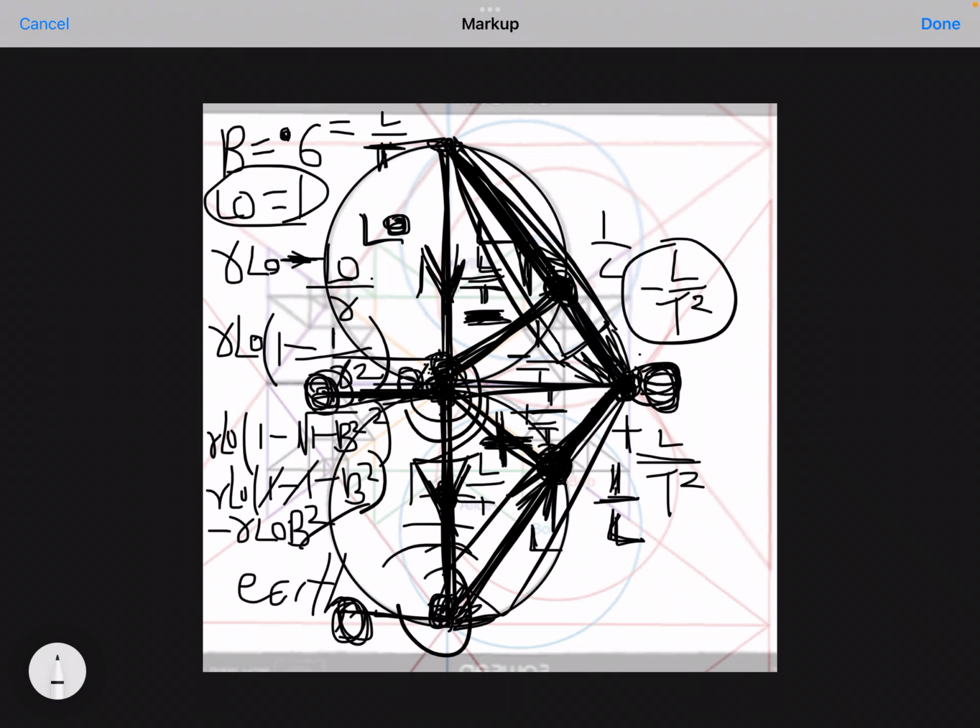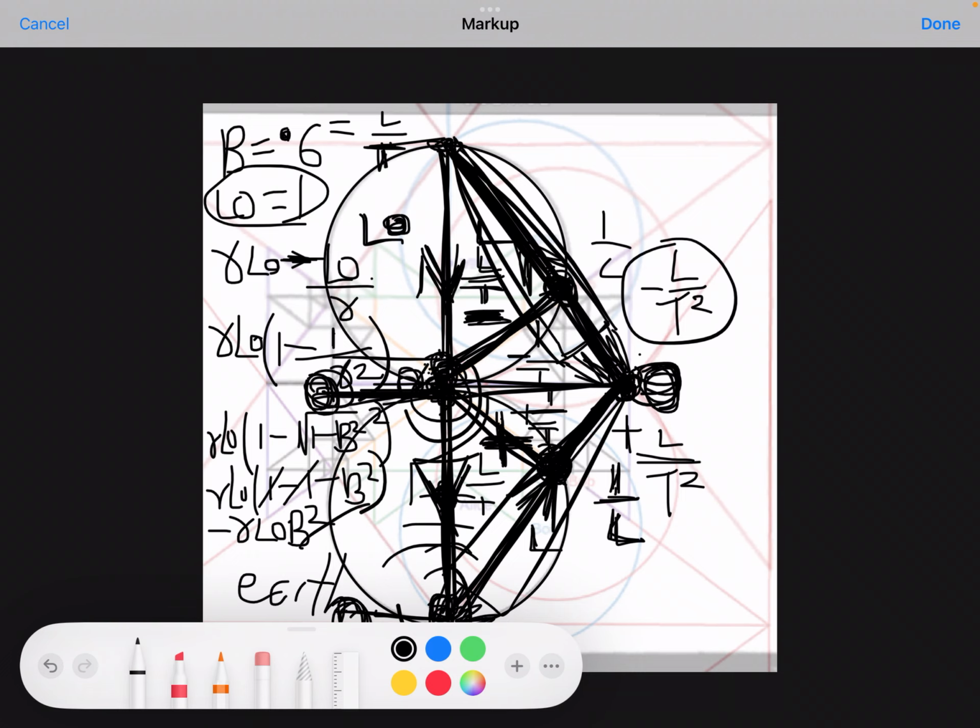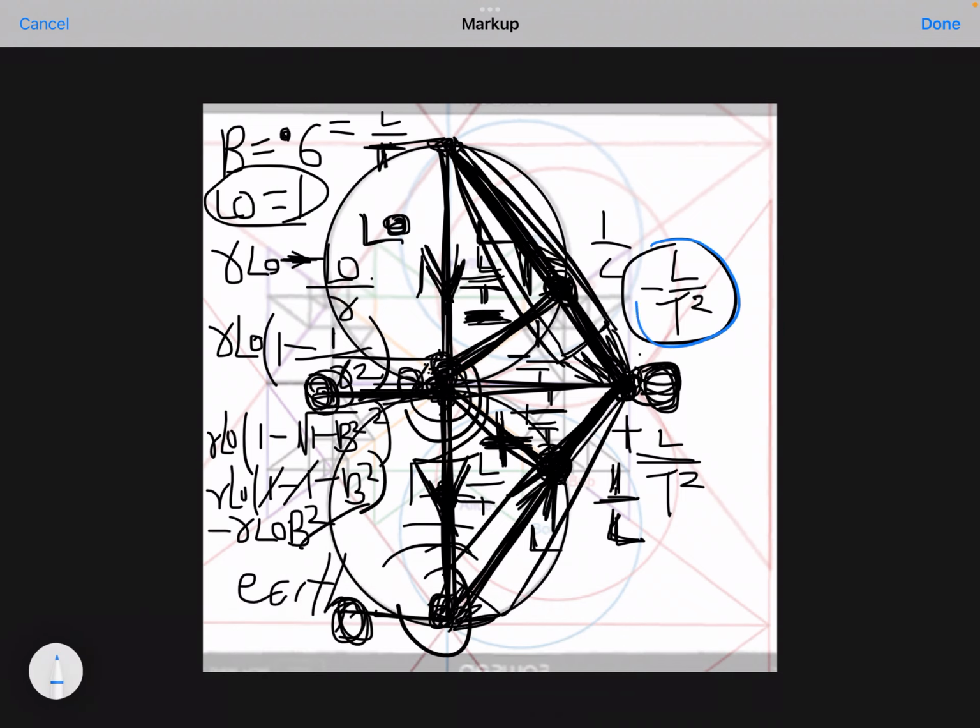So you've got L squared over t squared times gamma, which is 1 over L, so you end up with negative L over t squared, which I showed here. So that's the same calculation.